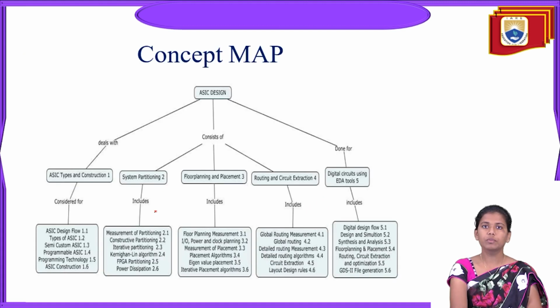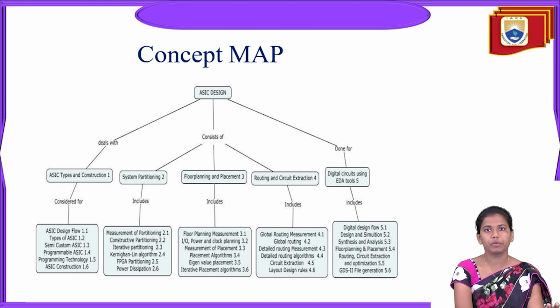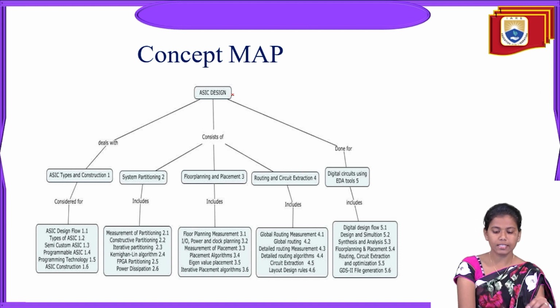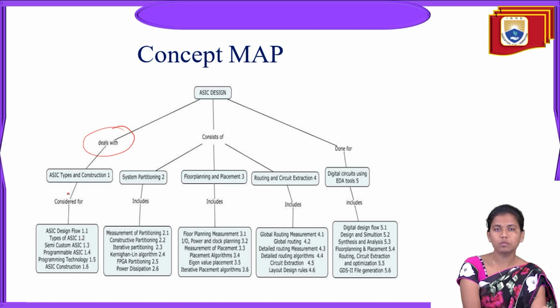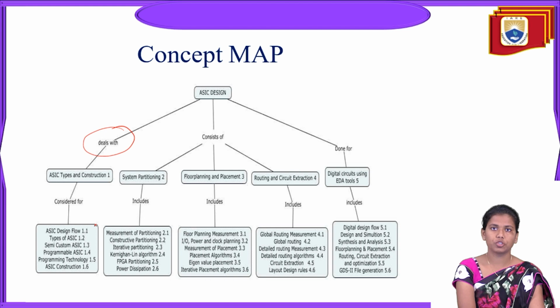And then we will see the map. Here this map talks about the hierarchy of the design, the ASICs and FPGA design flow. Basically, in this map, the first thing is ASIC design. This ASIC design deals with types and construction.